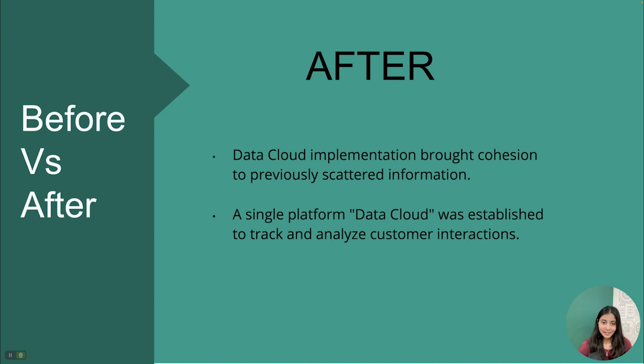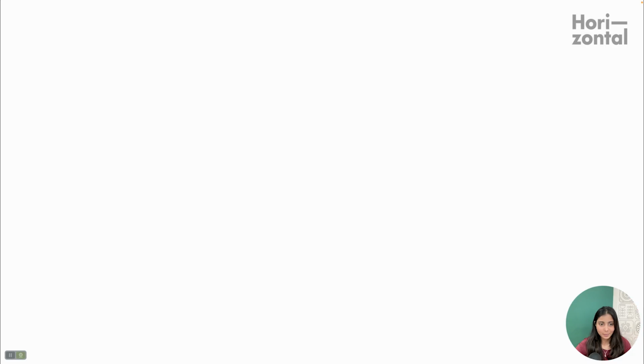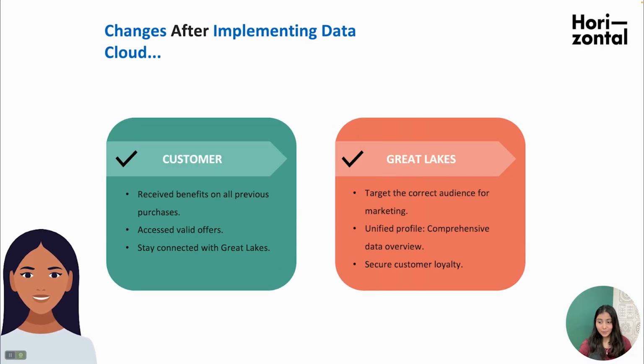Now let's see whether Millie as a customer was happy or not. Millie was really happy because now she was receiving all the benefits of her previous purchases, and that's the reason she was receiving all the valid offer mails, and this will definitely increase her connection with Great Lakes. On the other side, the Great Lakes team was also happy because now they were able to target the right audience for their marketing strategies.